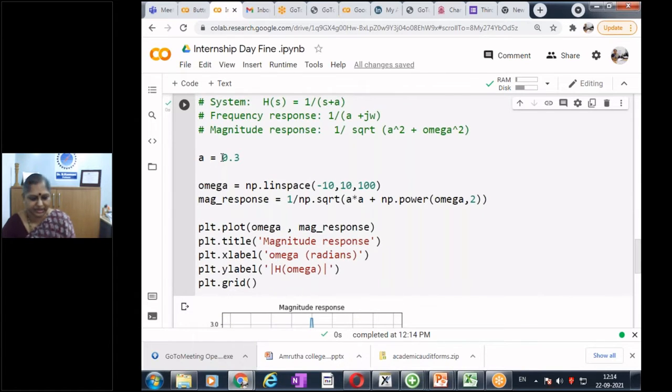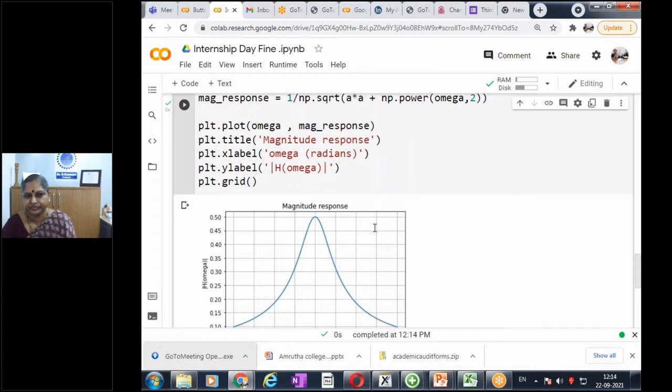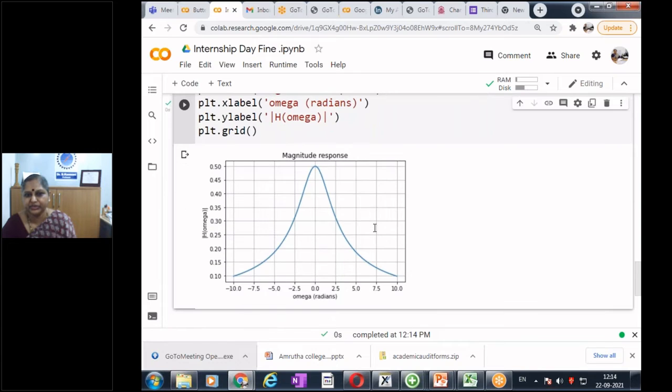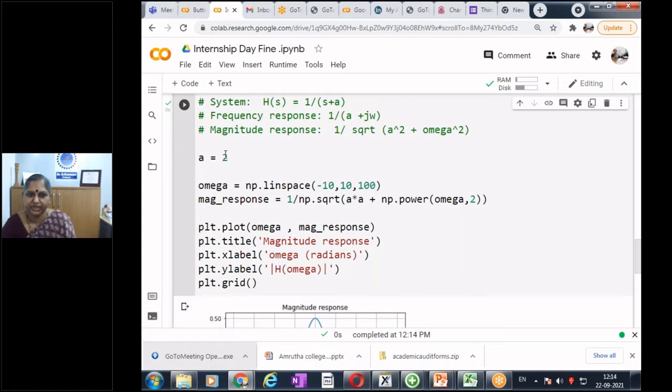So then what do you want to conclude? And then retain the result as at a equal to 2. Where is a equal to 2? Somewhere here. Or put a equal to 1 and see what happens.